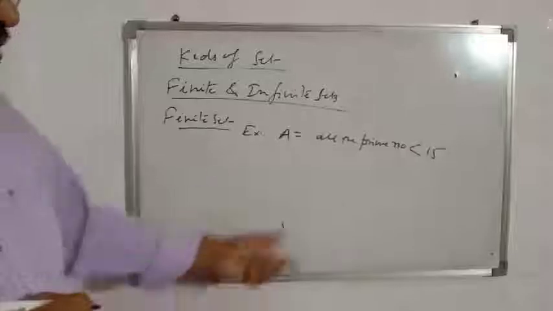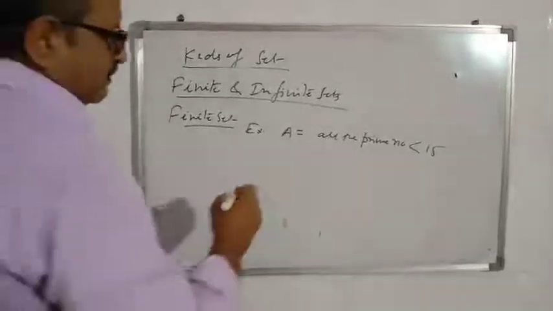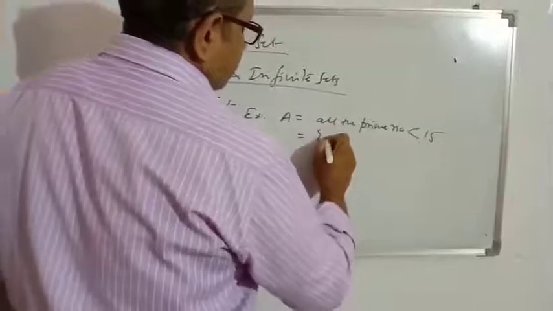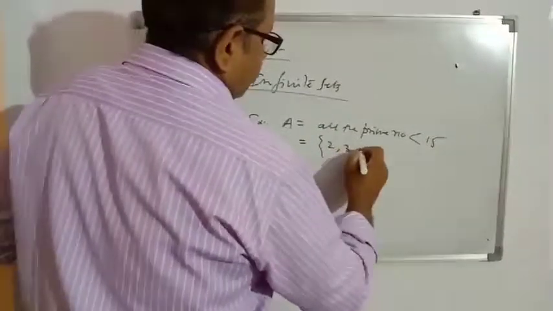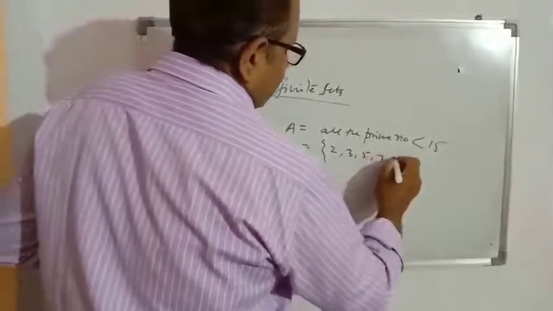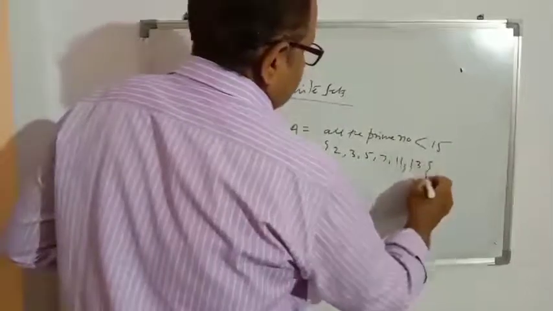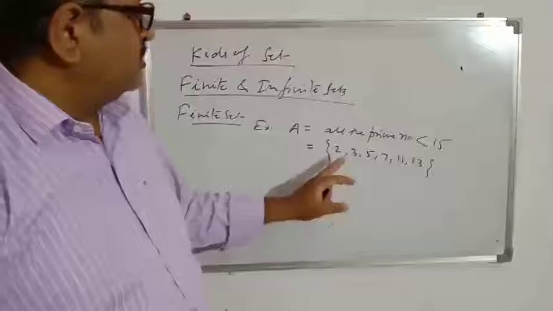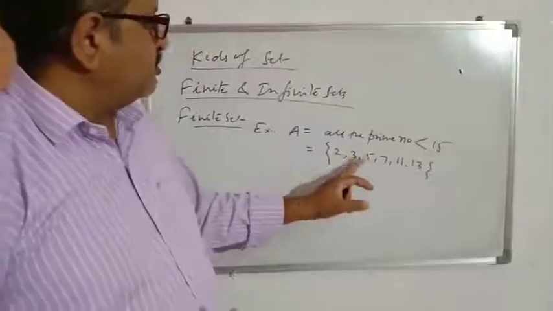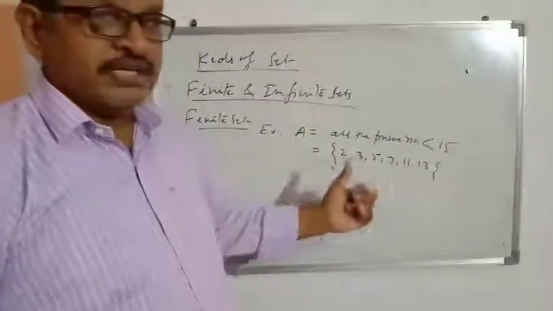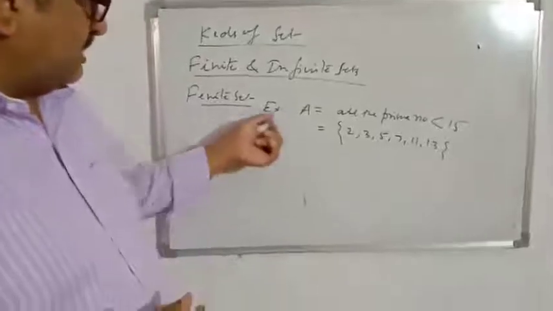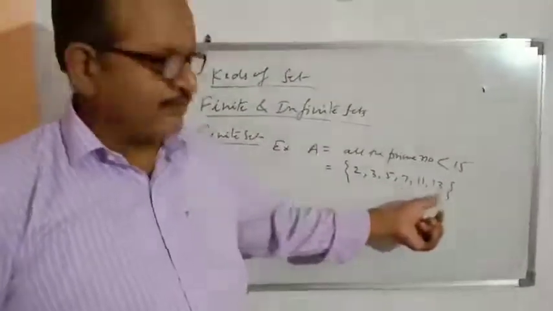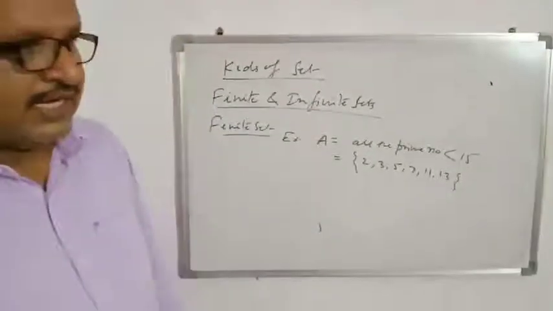We have to write all the prime numbers less than 50. 2 is a prime number, 3, 5, 7, 11, and so on. These are prime numbers which are less than 50. So we can count them. So in this example, the set A has a countable number of elements. So it is called finite set.